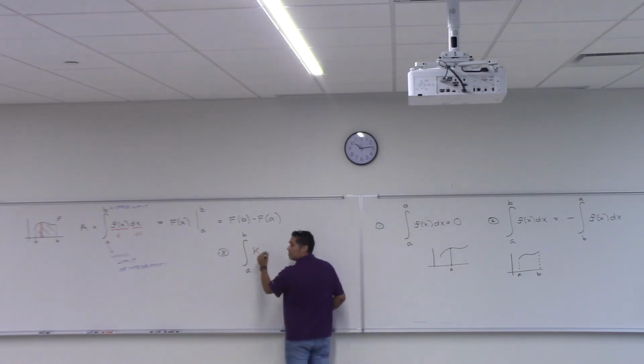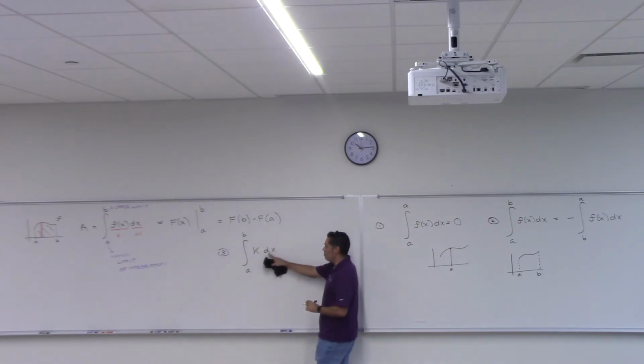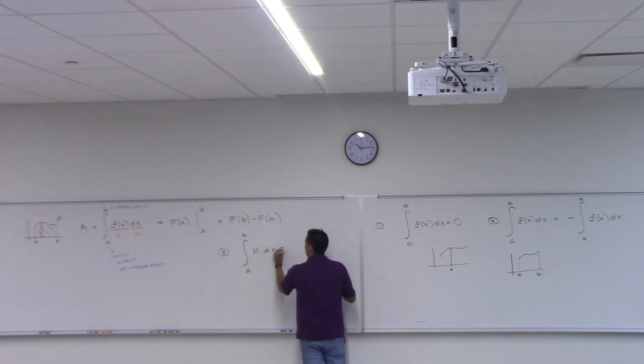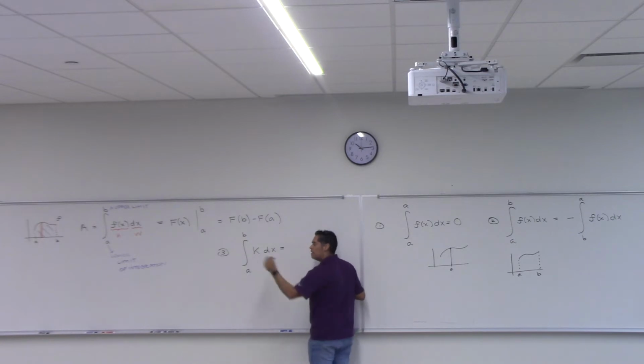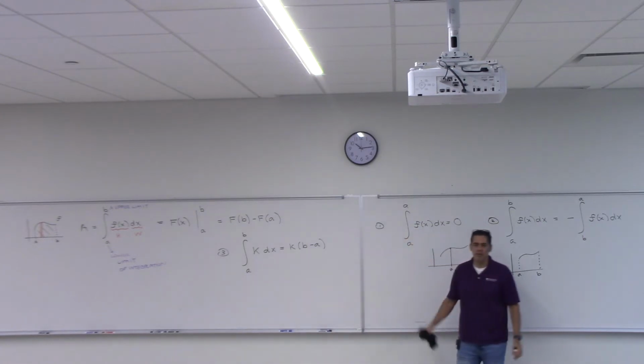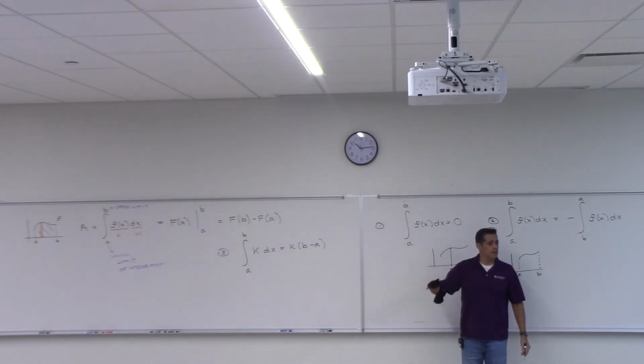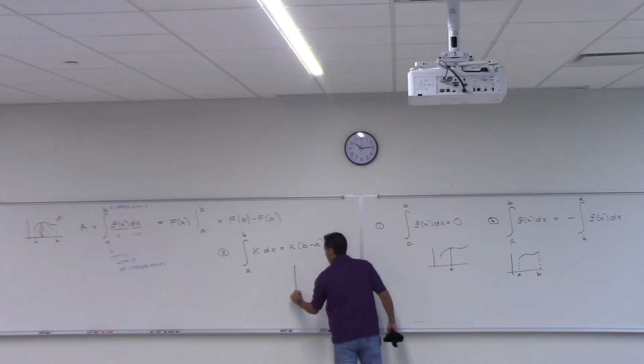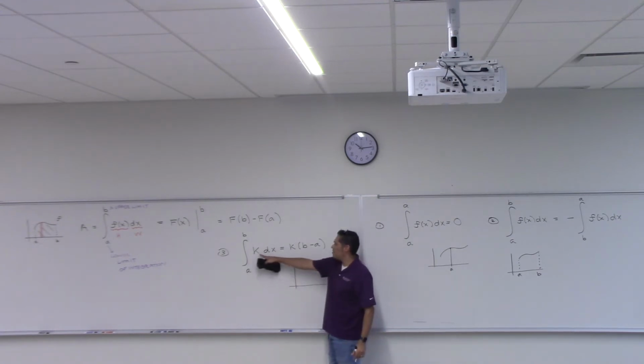We still need to put dx here because you have to put what you're integrating with respect to, like what's your variable. This will be equal to, well, what does it say? K times b minus a. So this is easy to show visually because this function is a constant function.